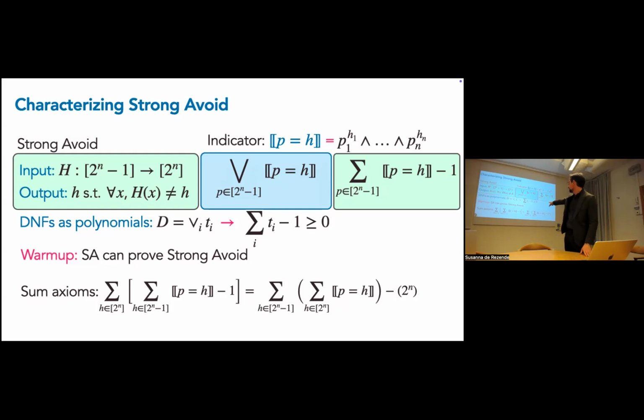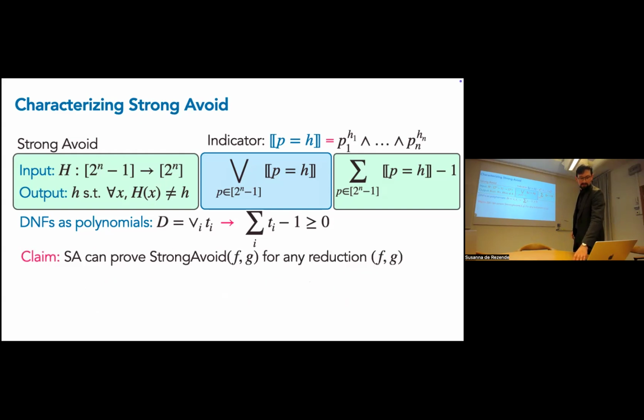The -1 here becomes 2 to the n. I'm just bringing it out of there. So this thing becomes 1. So 2 to the n minus 1 minus 2 to the n is -1. Very simple proof. You didn't even have to use any of your conical juntas or anything like that.